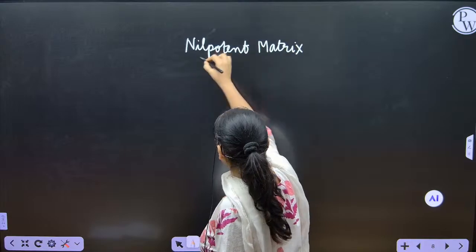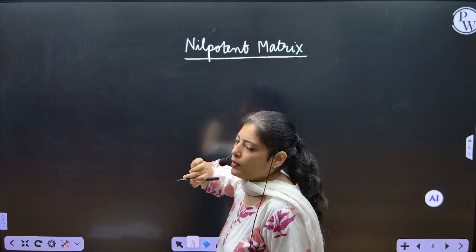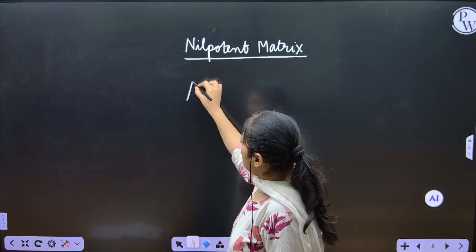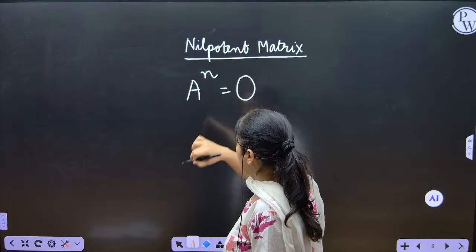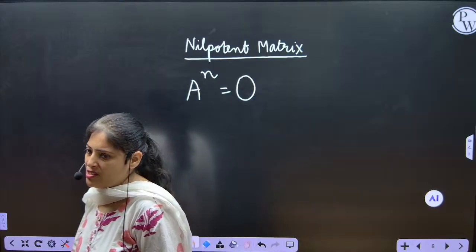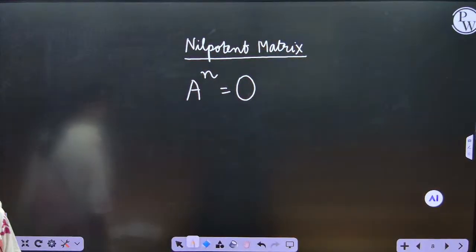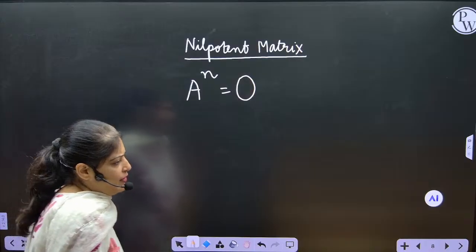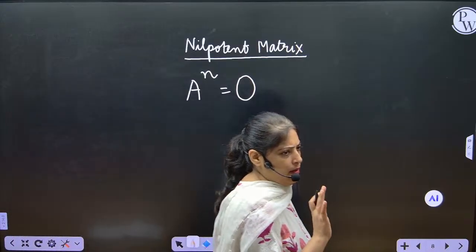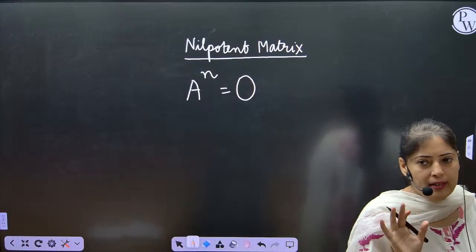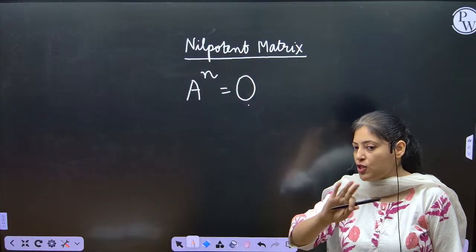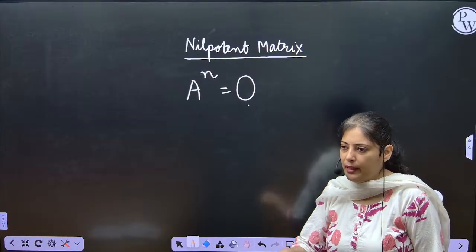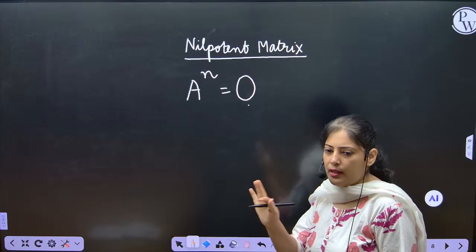Now what does it mean? For any A raised to power n, of course n a natural number, A square, A cube, A raised to power 4, if it has started coming out to be a null matrix, and before it was not a null matrix, the main condition is A is not a null matrix right now.